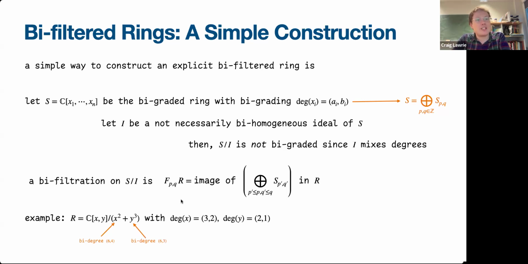And indeed, the bifiltration is just... it stays non-normal. The bigrading keeps this property. The bigrading keeps the property, or you mean the bifiltration? Of having a non-normal variety? Yes, this will stay the same. I see. Okay, thanks.